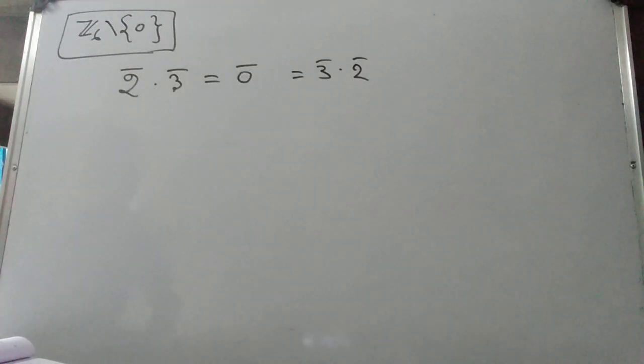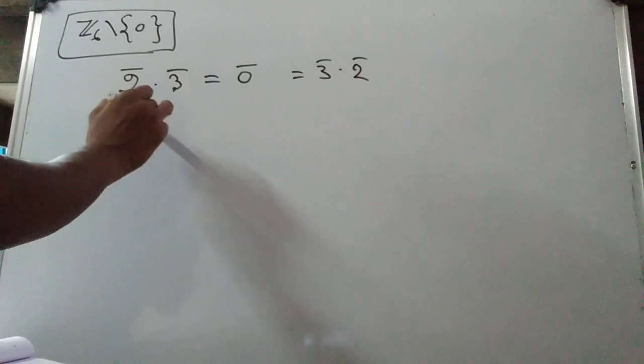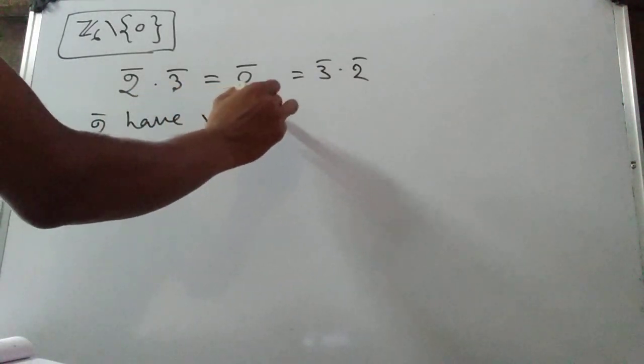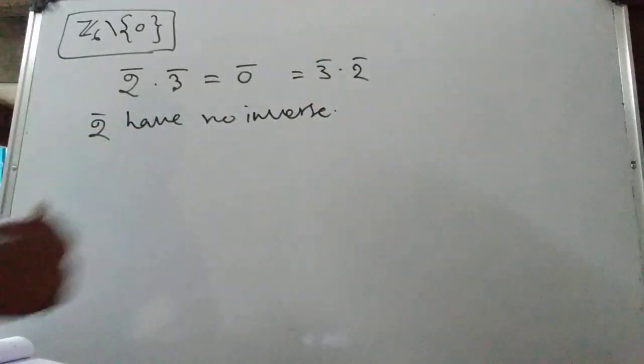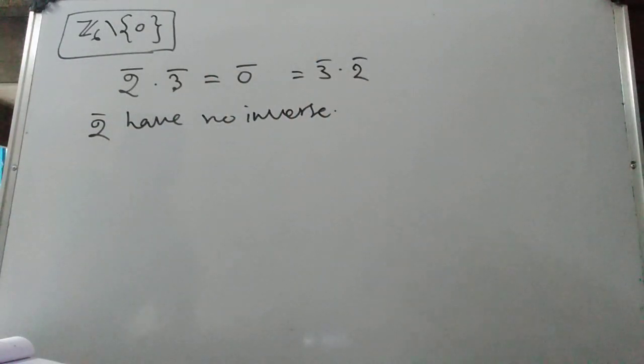So 2 and 3 have no inverse. Understood? That means this is not closed, I think.